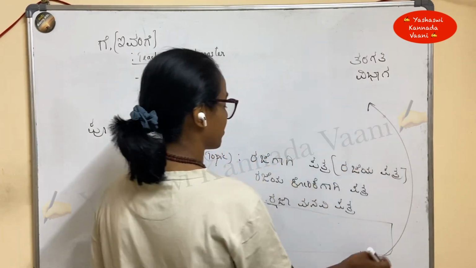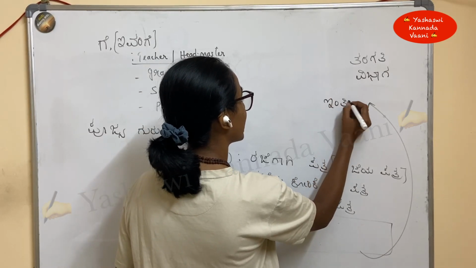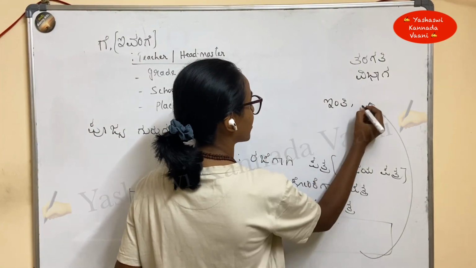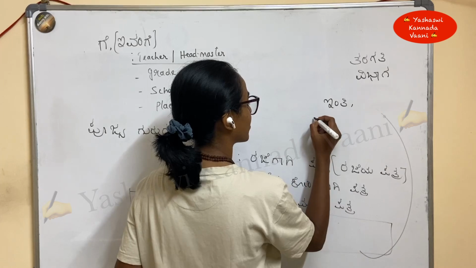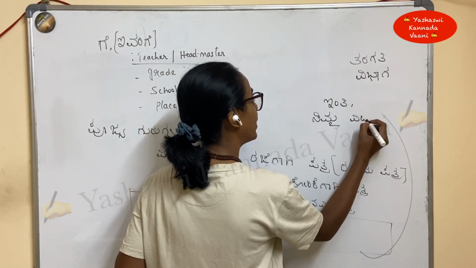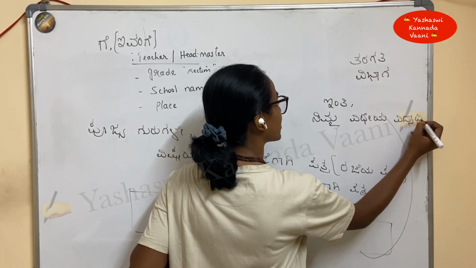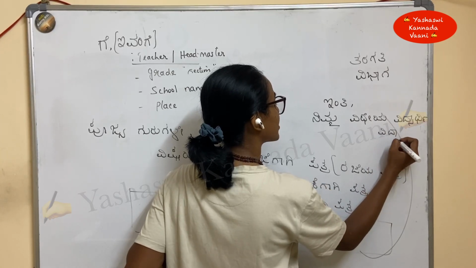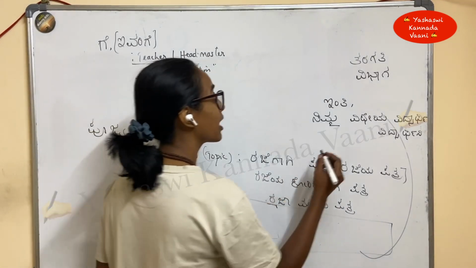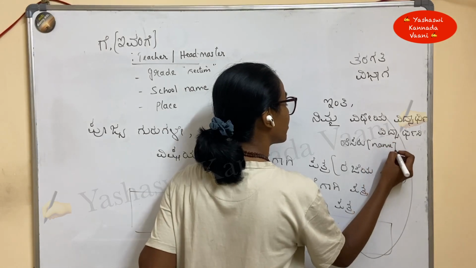Okay, nimma ವಿಧೇಯ ವಿದ್ಯಾರ್ಥಿ, obedient student. ವಿದ್ಯಾರ್ಥಿ if it's a boy, ವಿದ್ಯಾರ್ಥಿನಿ if it's a girl. And name, very very important. ಹೆಸರು, ನಿಮ್ಮ ಹೆಸರು, your name is very very important.